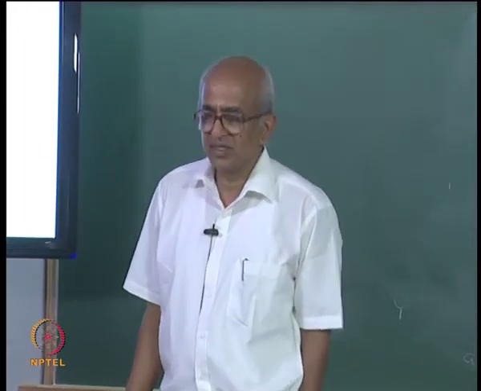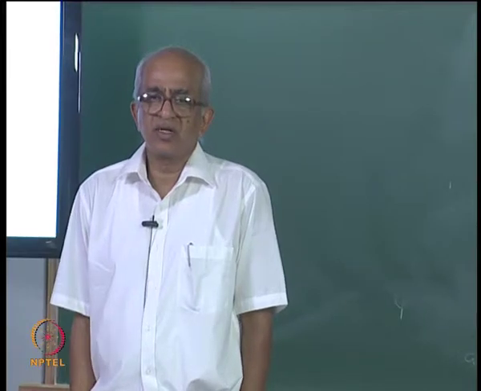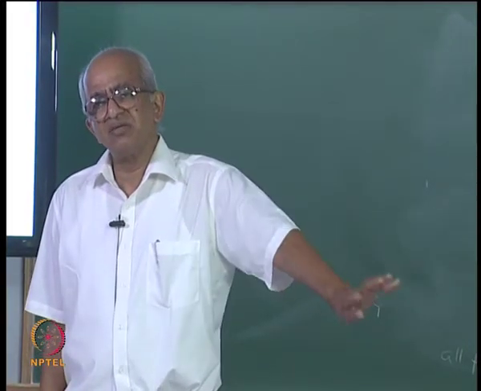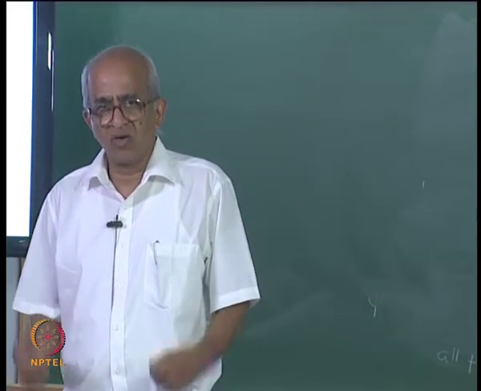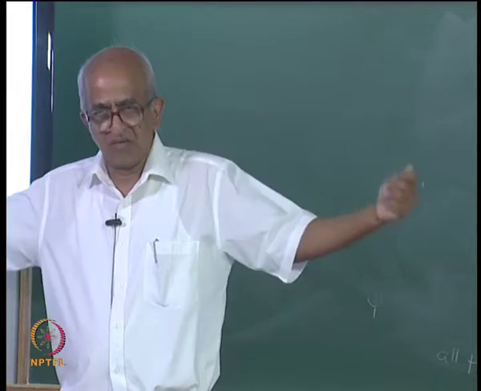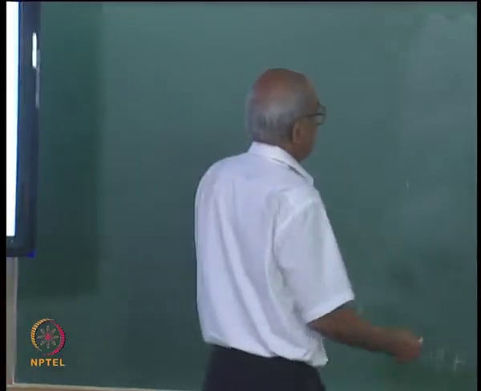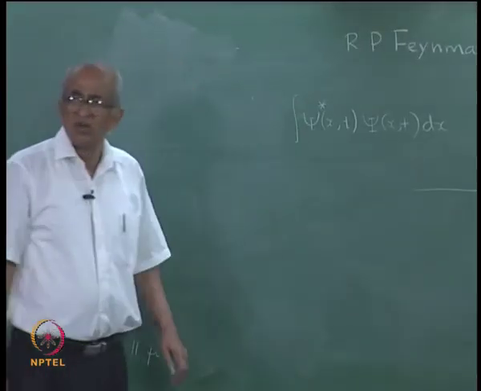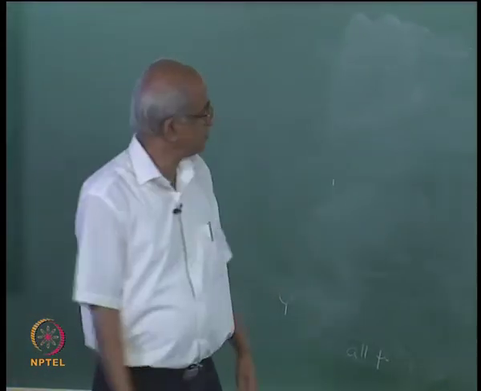But if that is the way it is, suppose I want to calculate the probability that the particle is anywhere between minus infinity and plus infinity. How will I calculate the total probability that it is somewhere between minus infinity and plus infinity? The answer is that I have to integrate this from minus infinity to plus infinity to get the total probability.